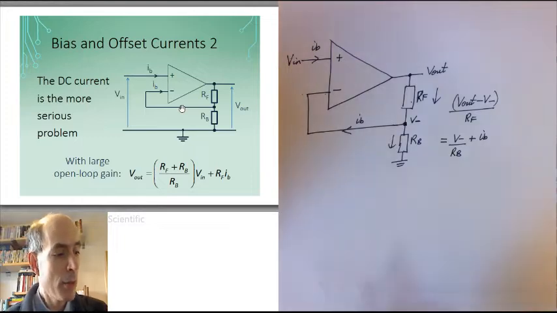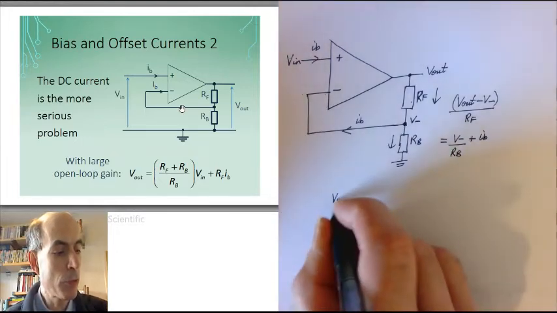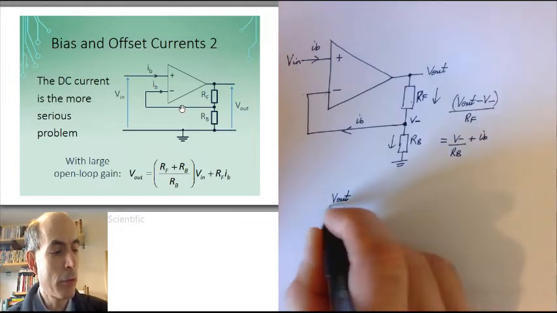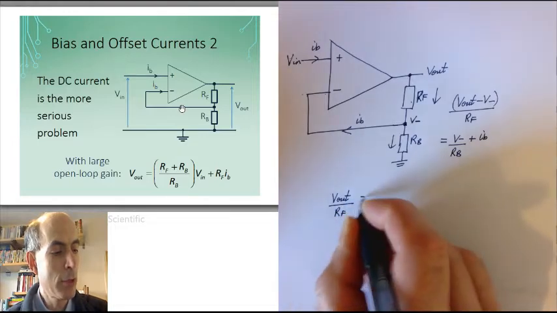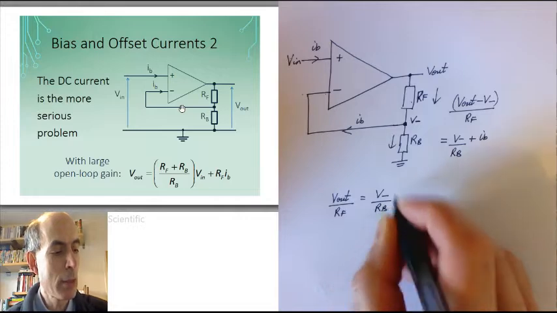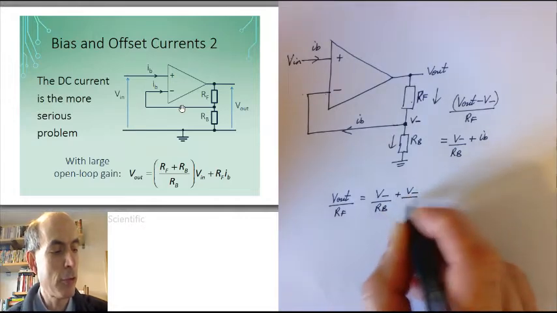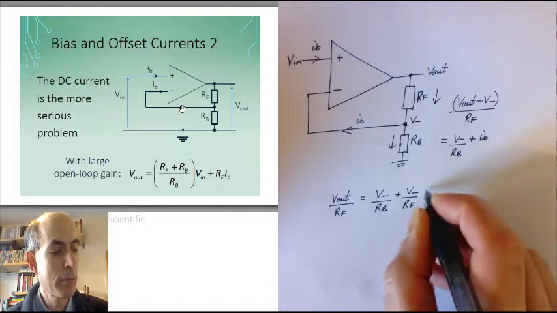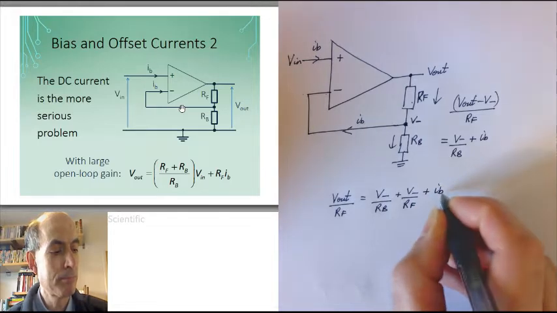Okay. That means that Vout over RF is equal to V- over RB plus V- over RF plus IB.